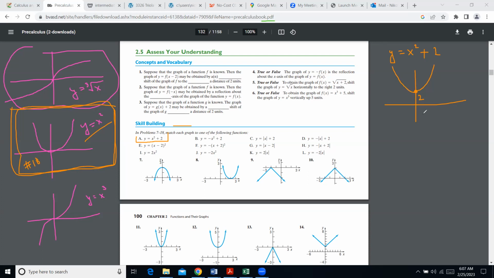And indeed, whenever you add a number to your entire function, the parabola moves up. And notice that's number 12 that corresponds to this particular idea. So when you have 2 added to your entire x squared, you move it up. So that's one of the observations to make.